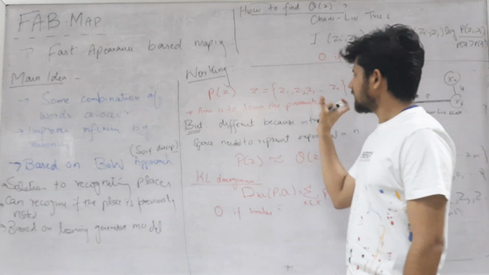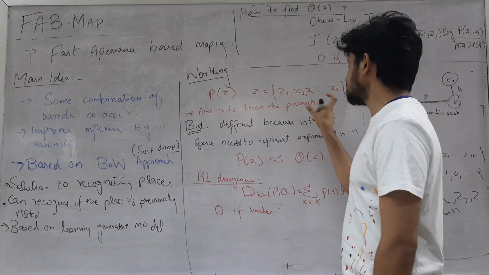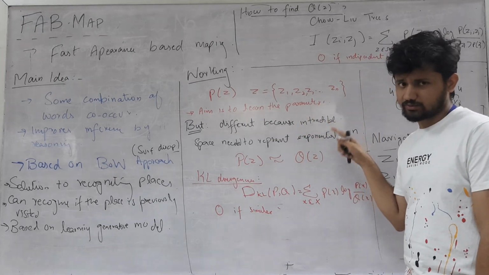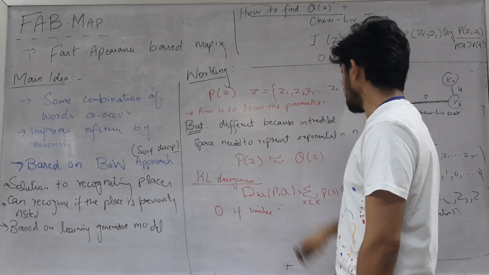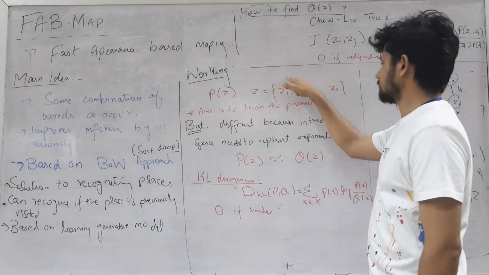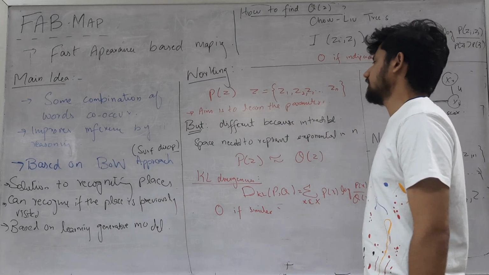This behavior is called intractable. You cannot easily or efficiently process everything if all the features are independent.